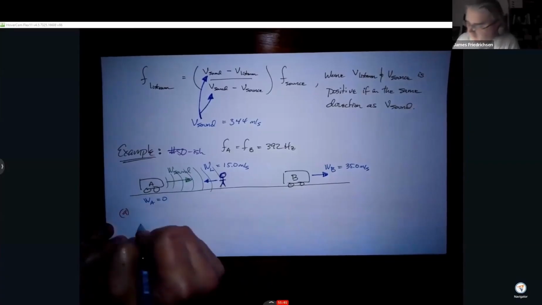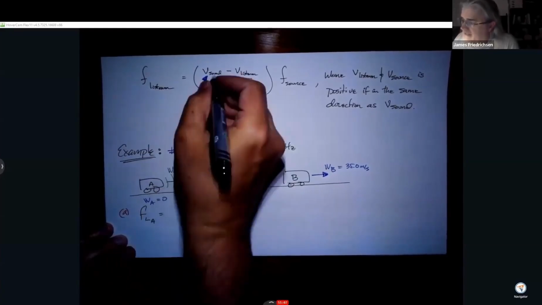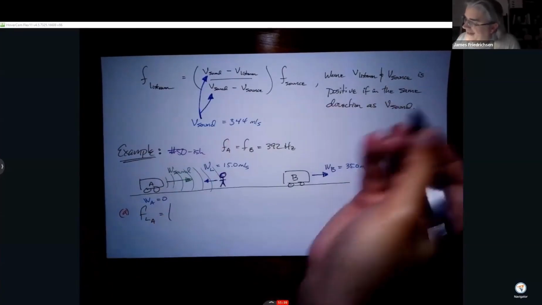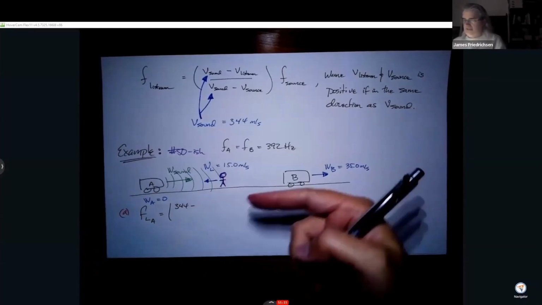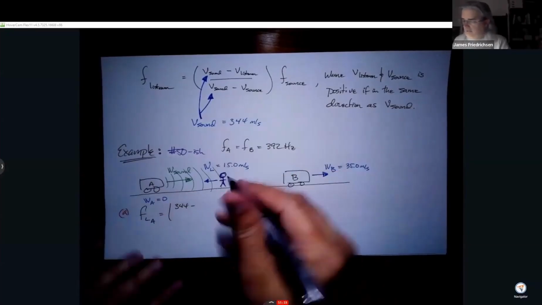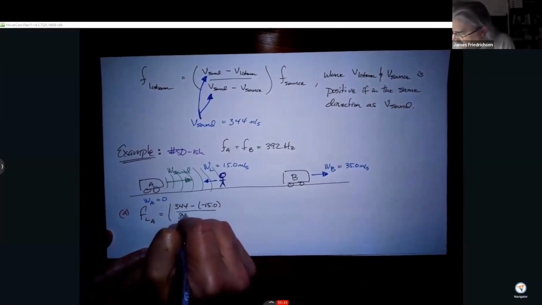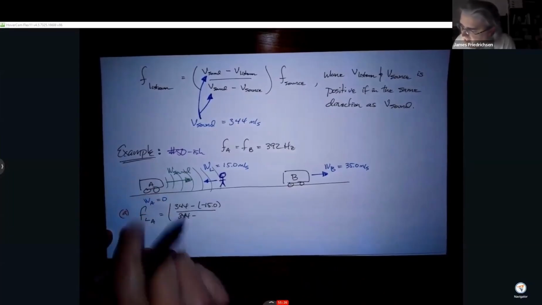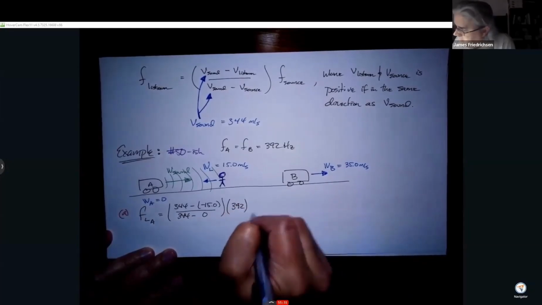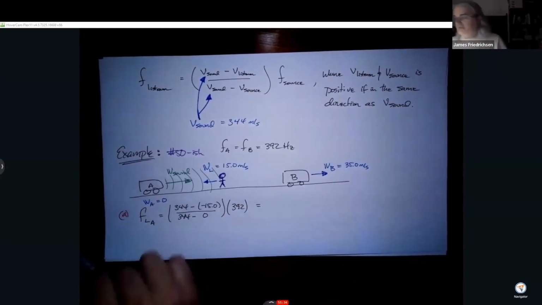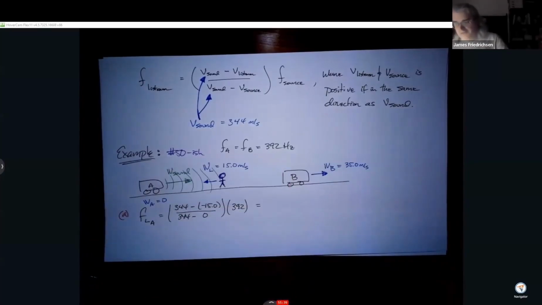So this will be our frequency heard by the listener for train A is the speed of sound in the air, which is our 344, minus the velocity of the listener. Now, since these go in opposite directions, that's going to be negative. So this will be negative 15. And then this is our 344. And then train A is not moving, so this is 0. And then the frequency was our 392 hertz. And so what frequency does the listener hear? So as they're heading towards the train A, they should hear a higher frequency.